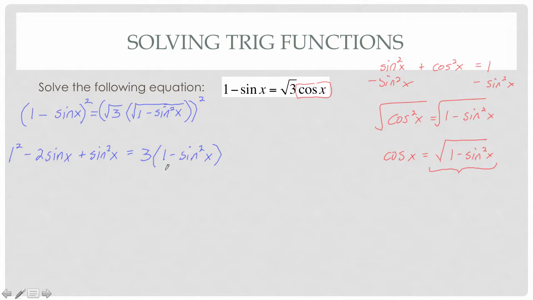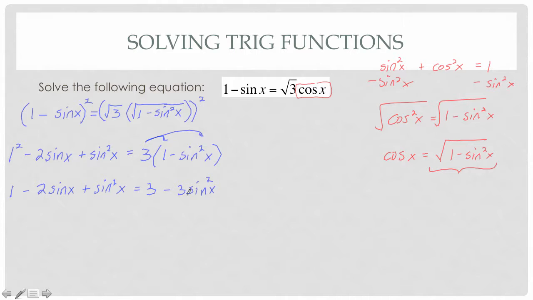It's looking a little bit cleaner now. Let's distribute the 3 and start to simplify things out. So we got 1 minus 2 times the sine of x plus sine squared of x equals 3 minus 3 sine squared of x.